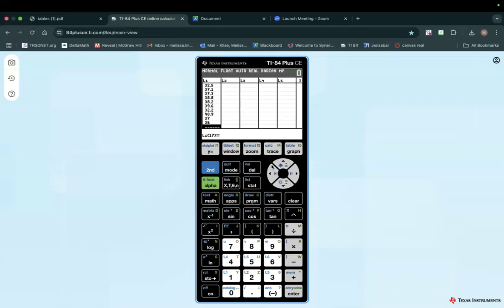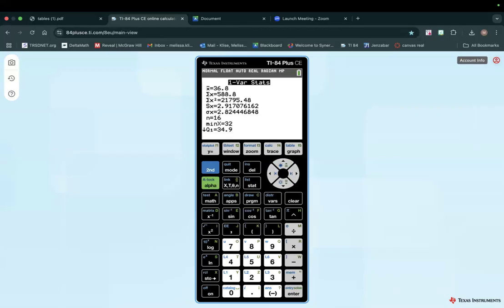Okay, good. All right. So we're just going to do one var stats. You guys have done this 100 times. So stat, calc, one var stats. I don't want anything in L2. I don't want anything here. We only need L1. Go down to calculate. And I'm just going to write down what these numbers are.